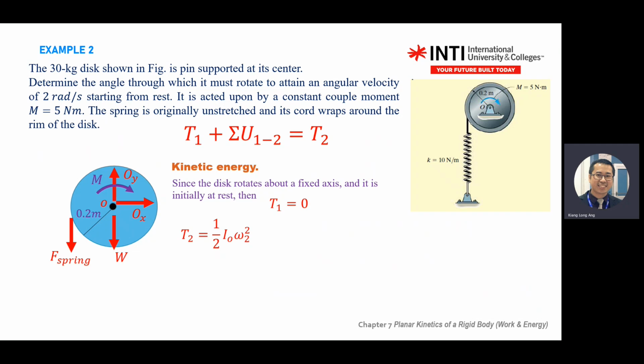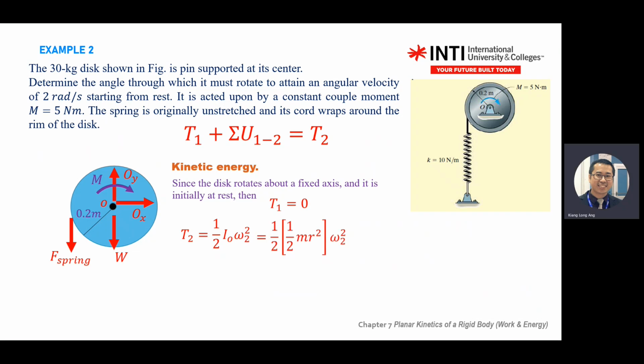So T2, you have rotation. So you have I omega square. This is kinetic energy. So kinetic energy with the omega, you need to write T2 equals half I_O omega square. How to get this one? You need to refer to the previous slides. Okay, I don't go back to explain this one anymore.